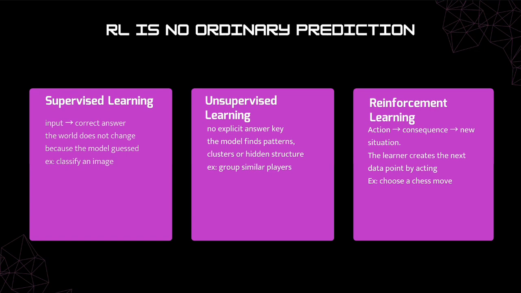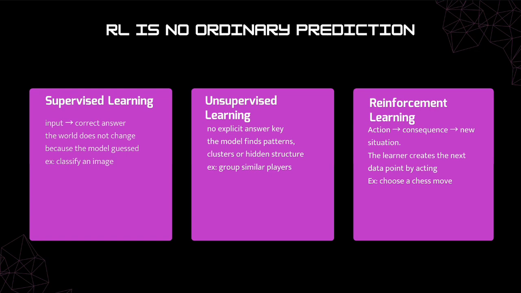Now, before we dive straight into reinforcement learning, it would help to compare it with the types of learning people usually hear about first. In supervised learning, the model is trained with examples that already include answers. For example, an image might be labeled cat, dog, or car.